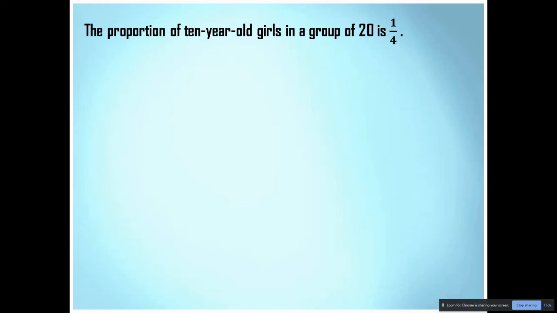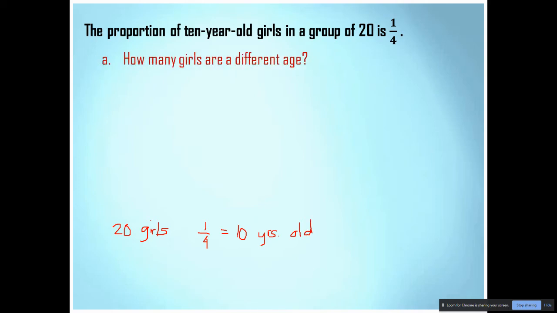The proportion of the 10-year-old girls in a group of 20 is 1/4. So that means there are 20 girls, and then 1/4 of them are 10 years old. All right. So what is the problem?